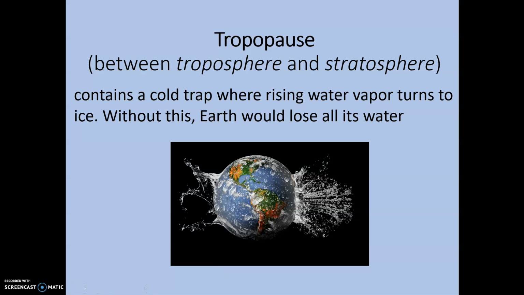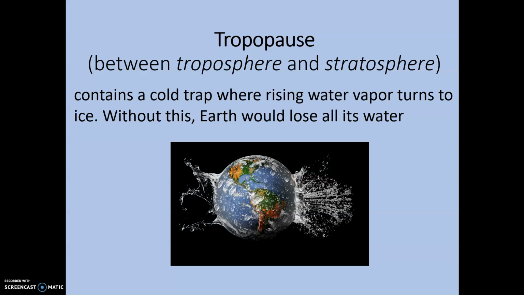Again, like I said, the tropopause is the layer between the troposphere and the layer above it, which is the stratosphere. And this is sort of a cold trap. We have warm rising water vapor. So we have this warm air that has more water vapor in it, and that water vapor turns to ice.